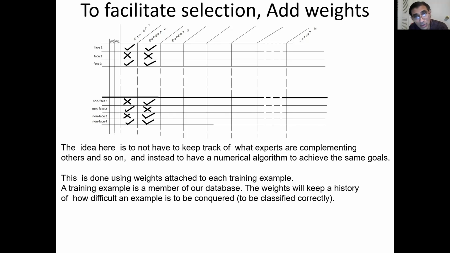Every time an example is still wrong with the experts chosen so far, the example's weight rises. Then every time you're trying to pick a new expert, you add up all the weights of the wrong examples, and that's the penalty for the expert. You select the expert with the least penalty.